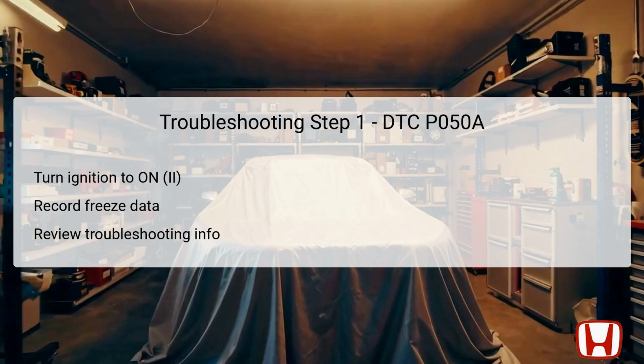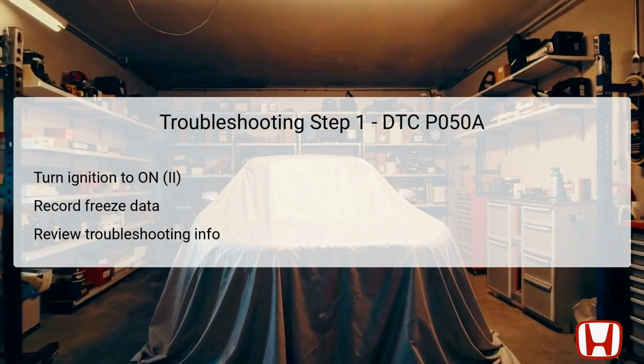The initial troubleshooting step for diagnosing DTC P050A involves turning the ignition switch to the on position, specifically the II setting. This prepares the onboard diagnostic system to review current statuses and logged codes. At this stage, it's crucial to record all freeze frame data and any relevant snapshot data stored in the system.